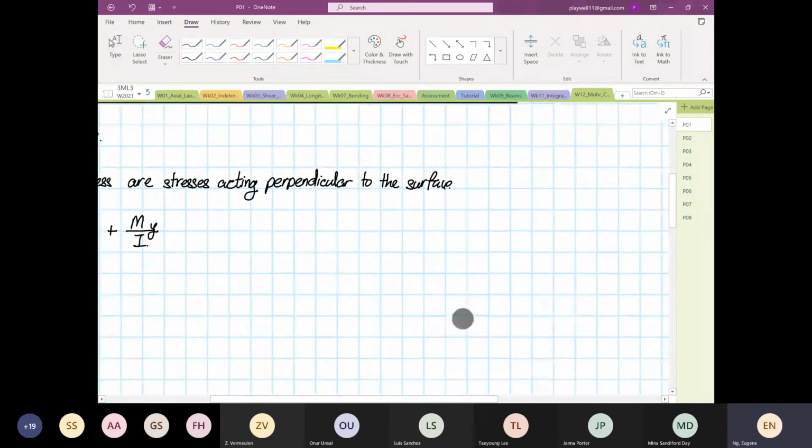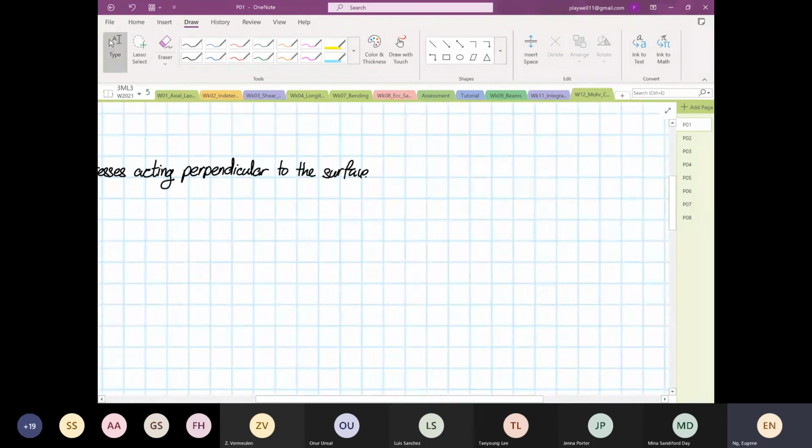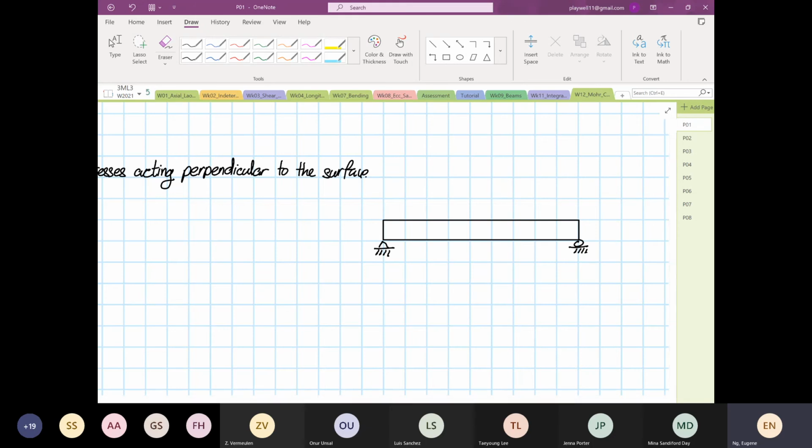Okay, when we say normal stress is equal to P over A plus or minus M Y over I. So if we have a structure that is simply supported, and we happen to have a load exactly at the center.